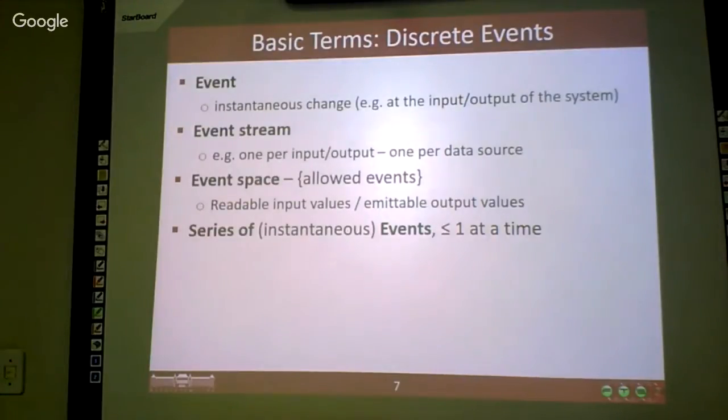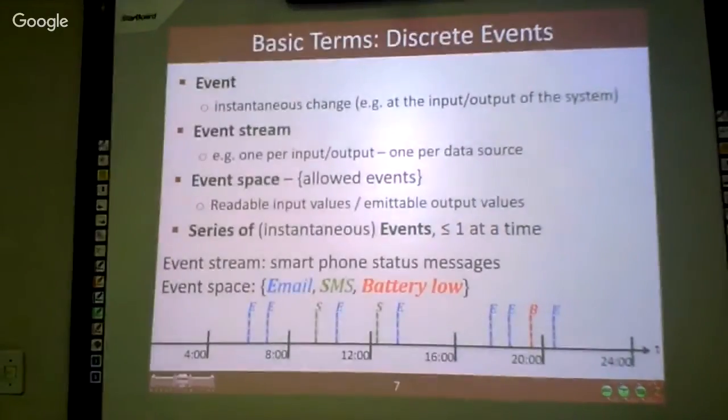Event space defines the allowed events, for example, the readable input values or the emittable output values. And we have a series of instantaneous events. That means that at a certain time point, we will have at most one event. So these are the things related to the definition of event.